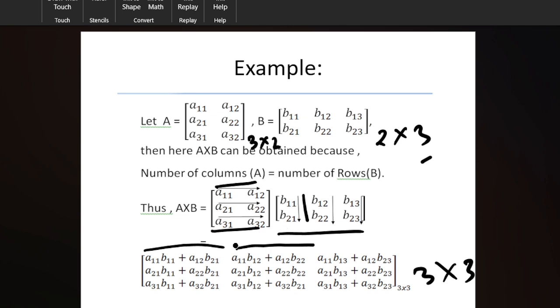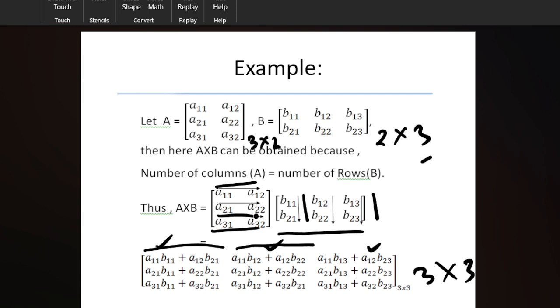First row, third column: A11 into B13 plus A12 into B23. Now the first row work is over, so we get three elements.